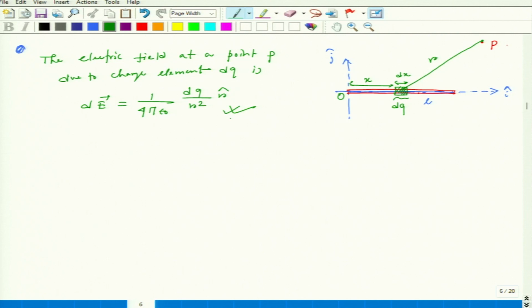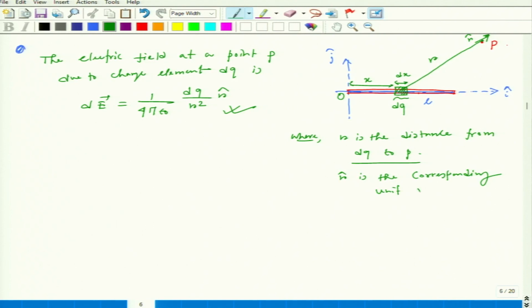Here r is the distance from dq to P and r cap is the corresponding unit vector.